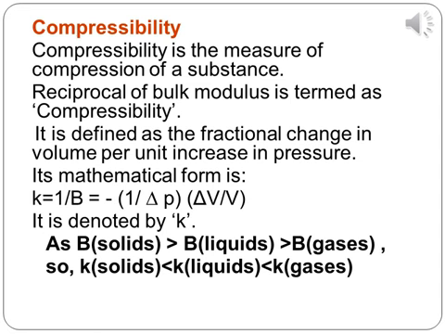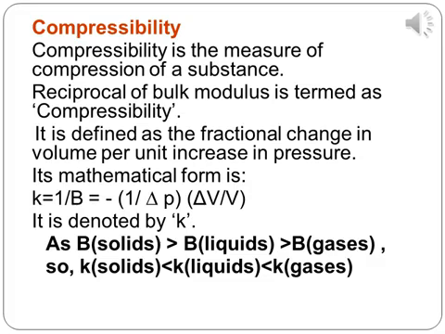It is denoted by the small letter k. Its mathematical form is k is equal to 1 by B, which is equal to minus 1 by delta P into delta V by V, since B is equal to minus delta P divided by delta V by V.